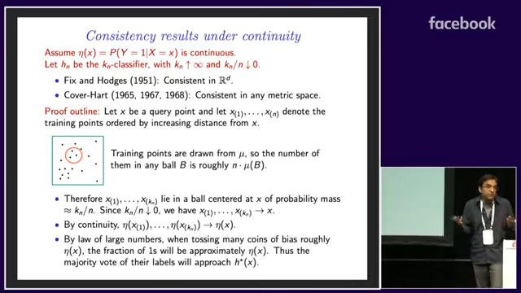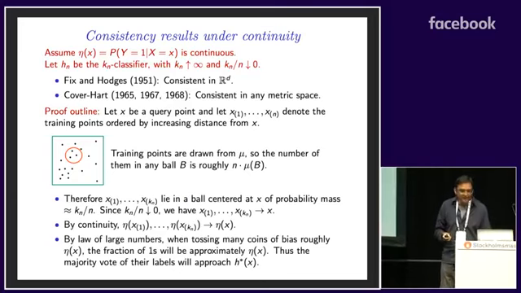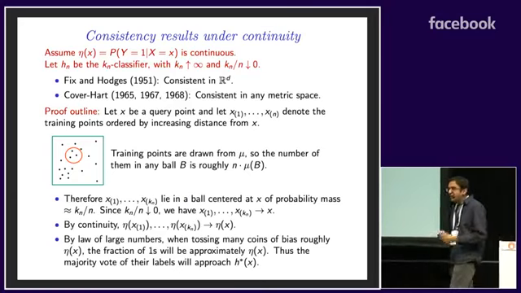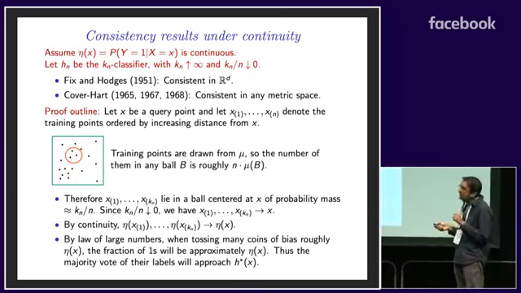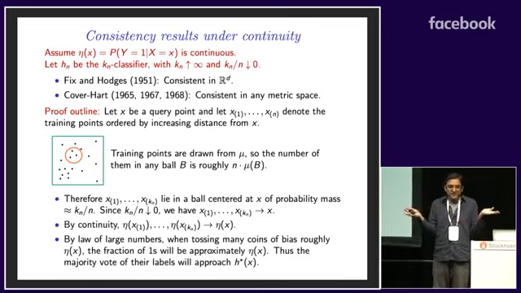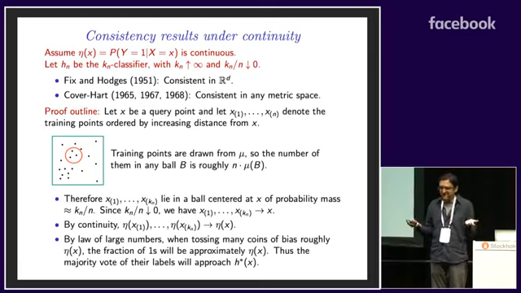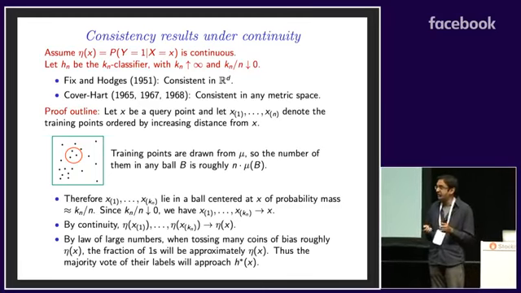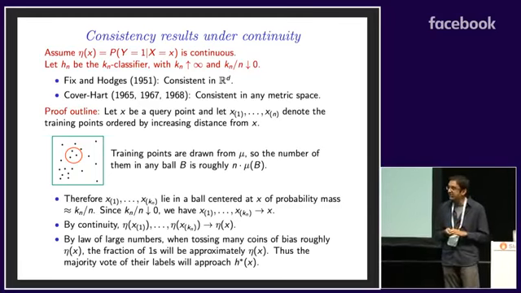This was proved by Cover and Hart. But ideally, we'd like consistency to hold without any assumptions whatsoever. We have no idea if the eta function in our particular application is going to be continuous or not.